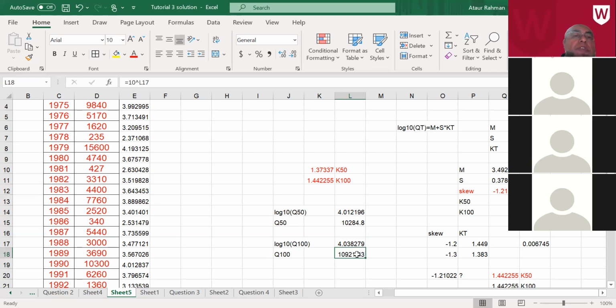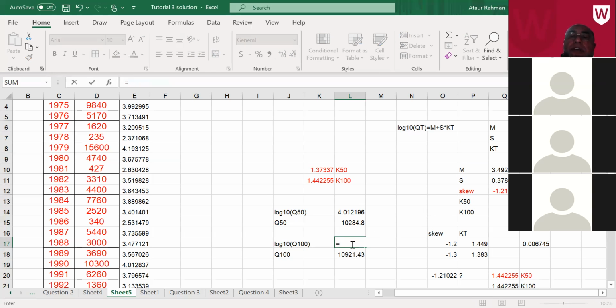I think something is wrong here. It should not be like that. Log Q100, the mean is this. I think something is wrong somewhere, so let me do it again. So our mean, which is this, plus standard deviation of the data is this times our K100 is this.